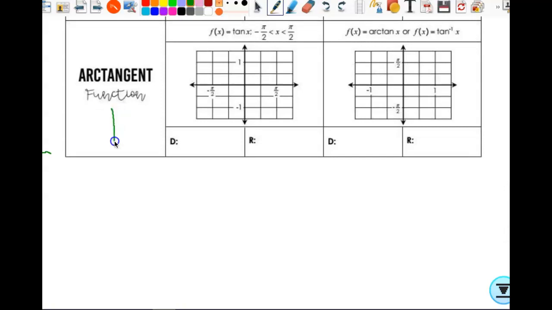So we're going to start off, we'll do our 4 little hash marks again. But this time, instead of going from 0 to 2 pi, it's going from 0 to pi. So I know at 0, tangent is at 0, right?